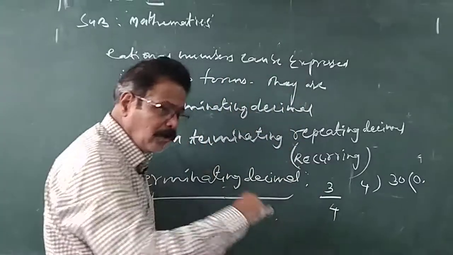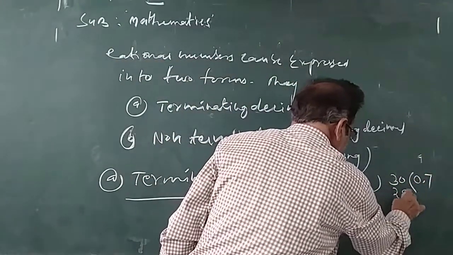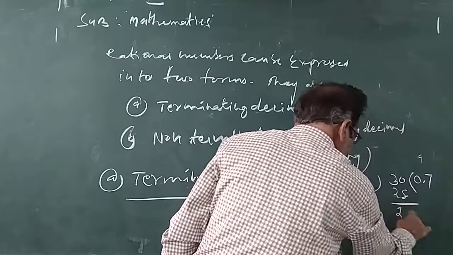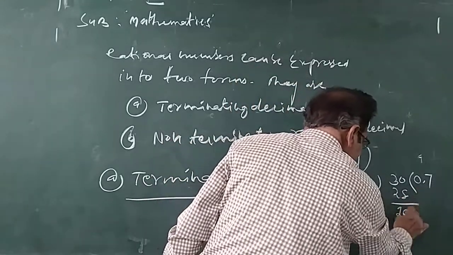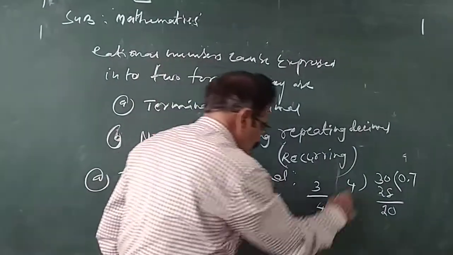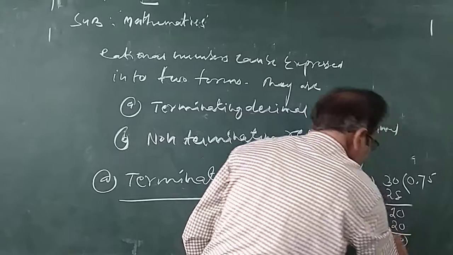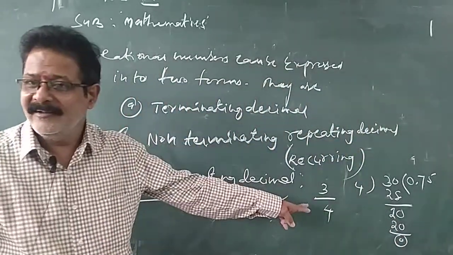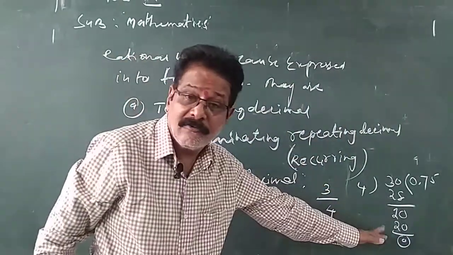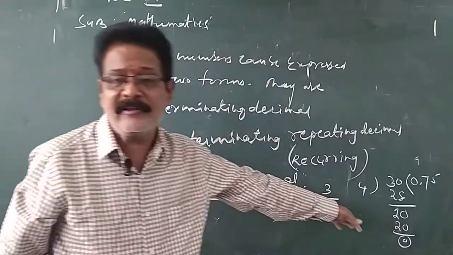30 now. How many times does 4 go in 30? 7 times. 4 times 7 is 28. Remainder 2. Again put 0. 20. 4 times 5 is 20. Remainder how much? 0. The division process ends here. Why does it end? Because wherever you get remainder 0, you stop doing the division.